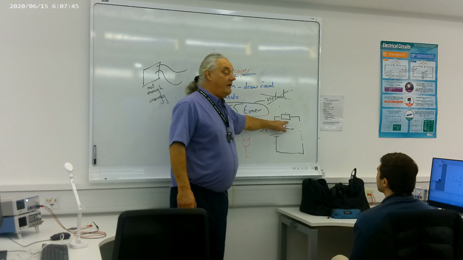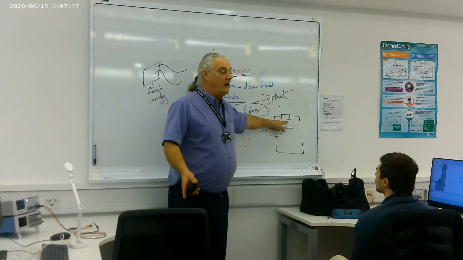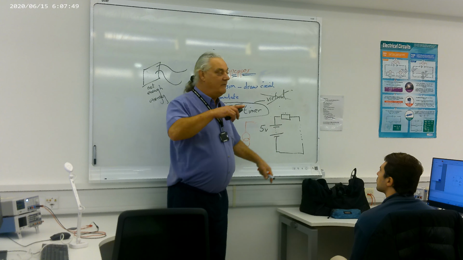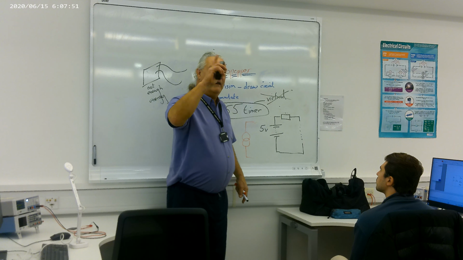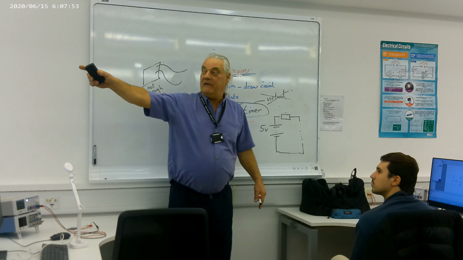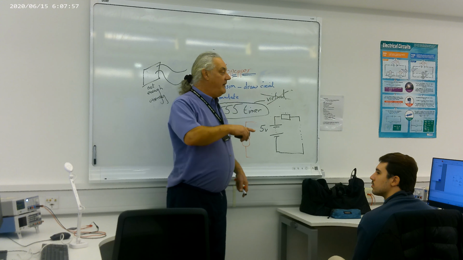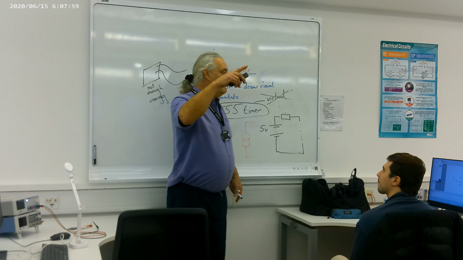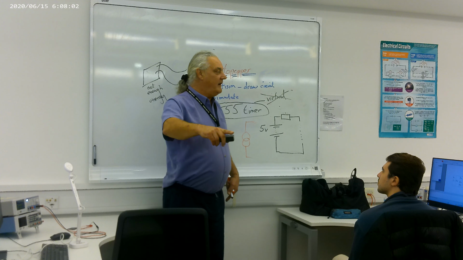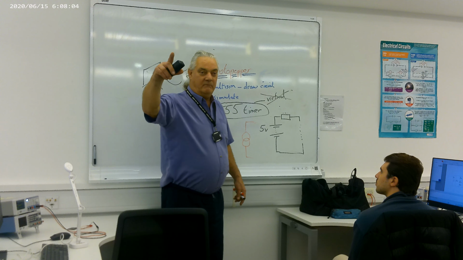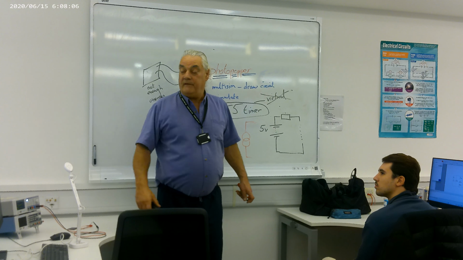If I made it 1,000,000 ohms, the capacitor would take a while to charge. That's exactly what's going on in those circuits there. We're saving up money to buy our car. We've got the money to buy it. Saving up money to buy our next car. And that's what happens continuously on there.